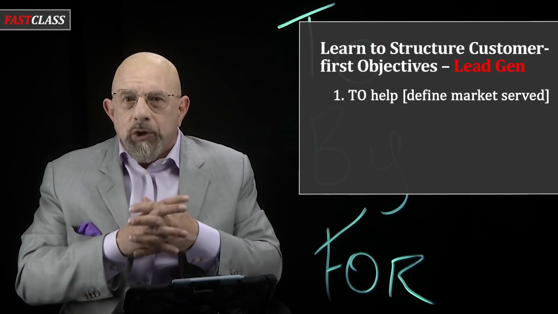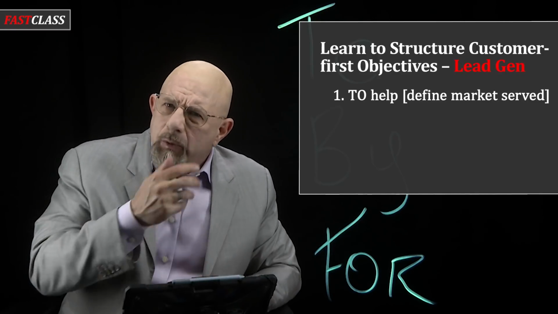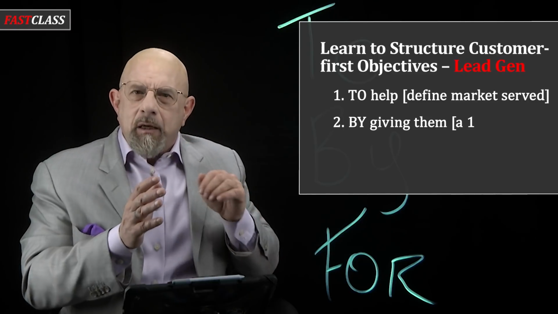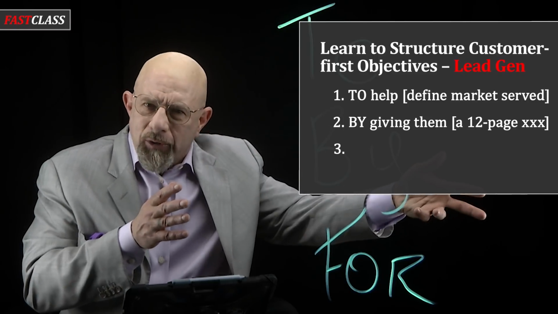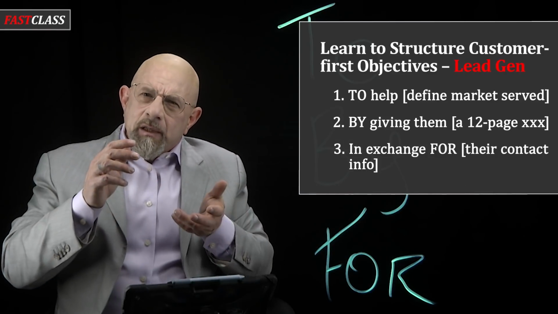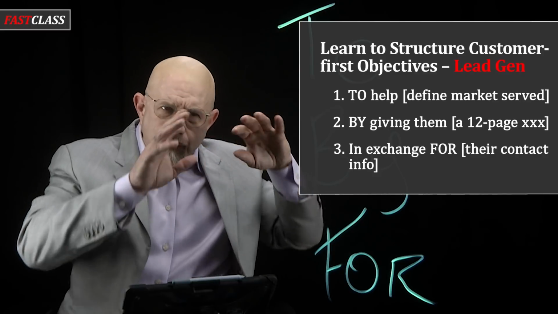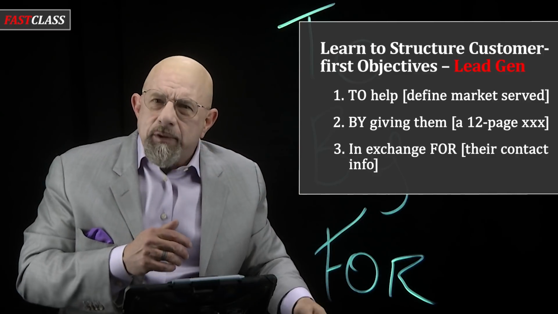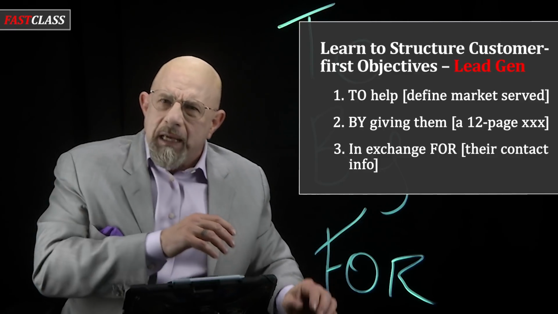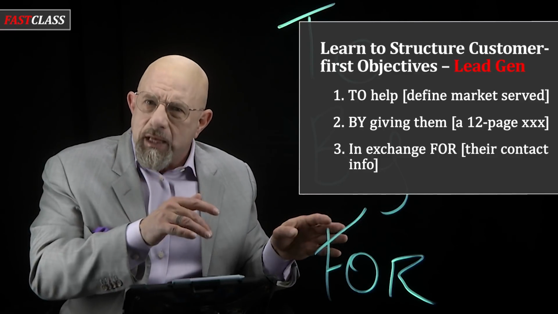Here's another. You might be in the lead gen side. Maybe that's what Ilya wants to accomplish. So to help by giving them, and here we go, a 12-page brochure in exchange for their contact information. Do you see how that structure can help you focus your page? But perhaps that's not what you're after. Perhaps you're trying to move them through your home page into the best part of the site for them.